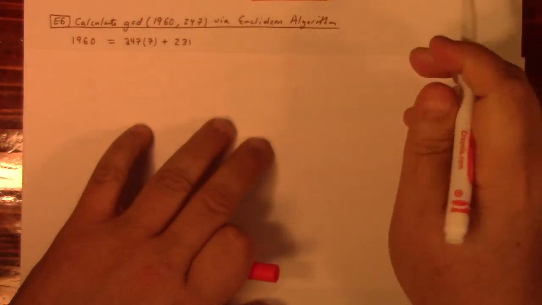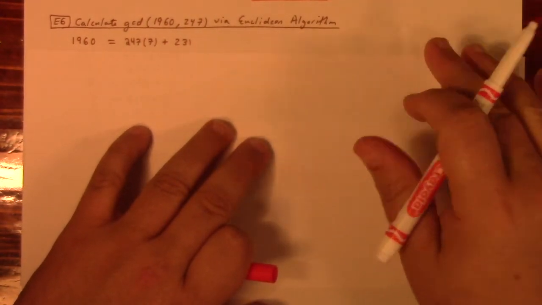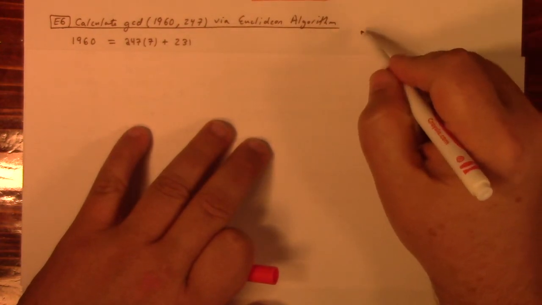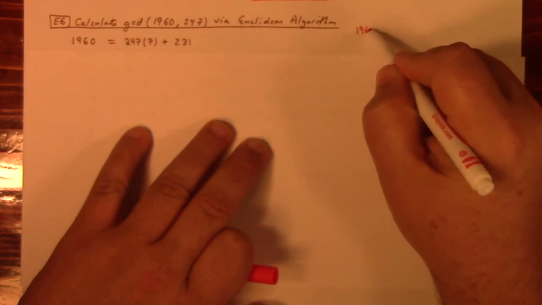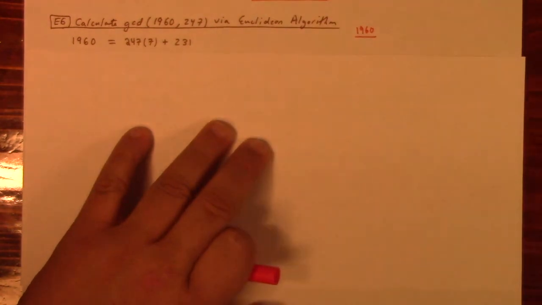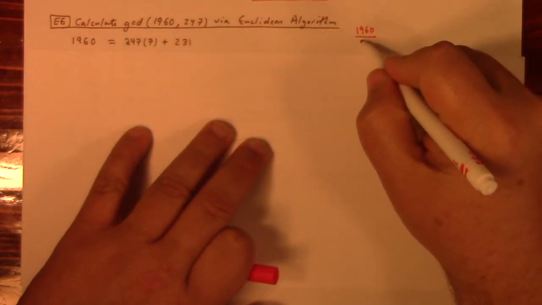Let me just do a little confession there. How do you find that? If you're using a calculator directly, what I would do is 1960 divided by 247.